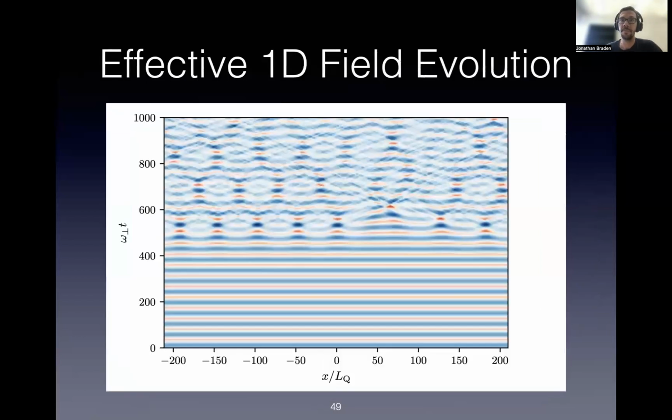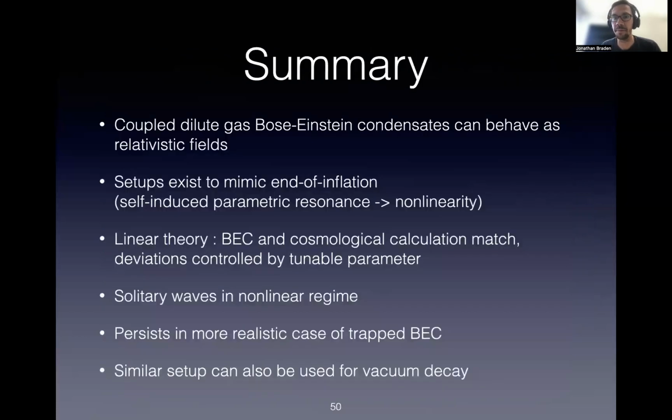And if I reduce this to an effective one-dimensional evolution, I get things that look very similar to just running the one-dimensional Bose-Einstein condensate simulations. Okay, and so it looks like the preheating dynamics is at least robust to some types of trapping of the BEC, which are required for a more realistic experimental setup.